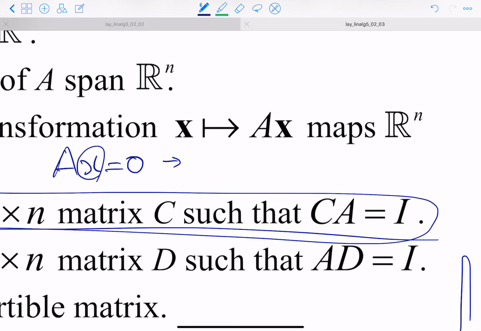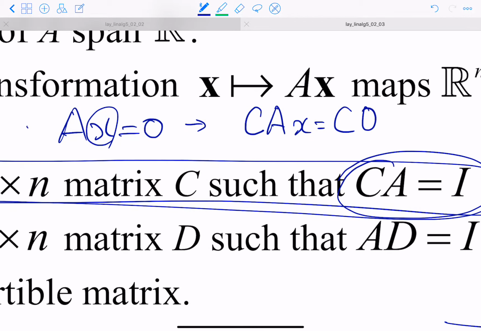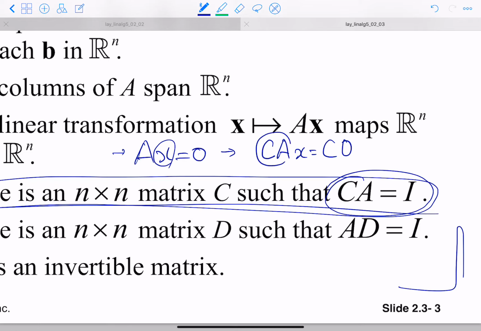Okay, and then let's just multiply this by C. By utilizing this fact, we multiplied C onto this homogeneous linear system. In this case, this becomes the identity matrix, and this becomes 0, right? And so it leads to X being the 0 vector, right?